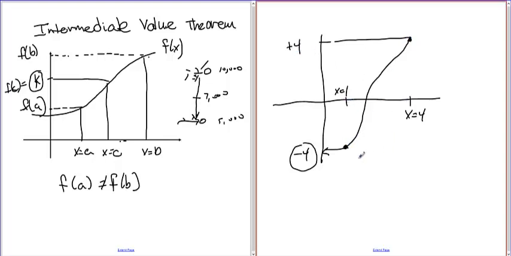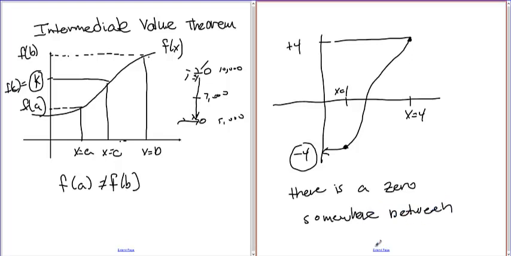What the intermediate value theorem says is there is a 0 somewhere between x equals 1 and x equals 4. We don't know where exactly it is, but we know it's there.